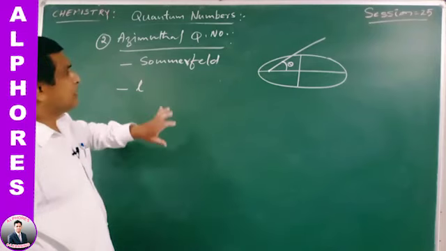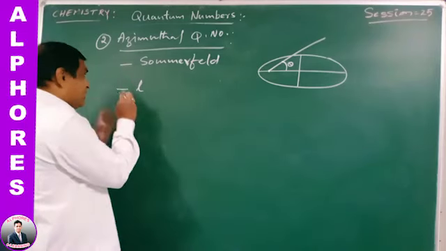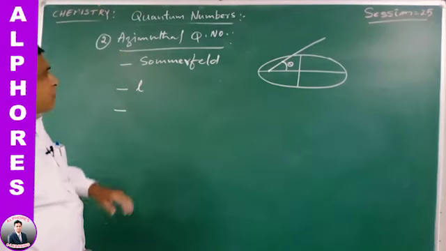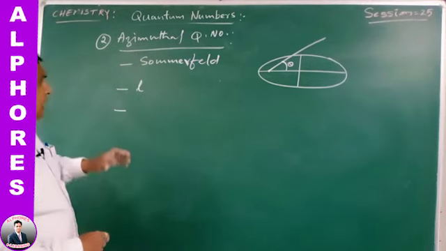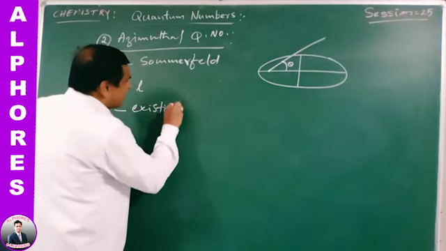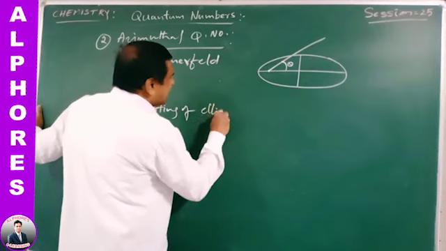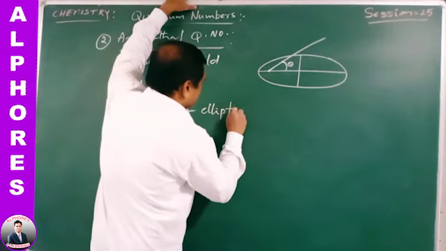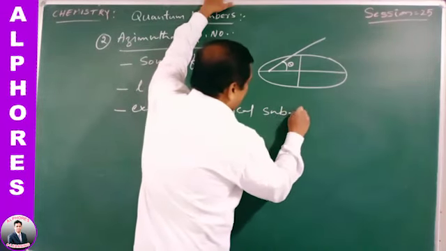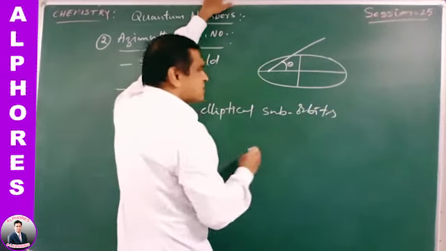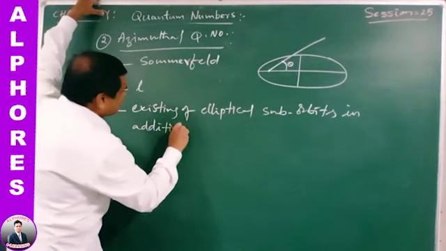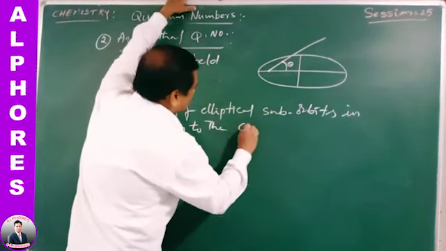This represents, that means Sommerfeld represents, the existence of elliptical suborbits in addition to the circular suborbits.